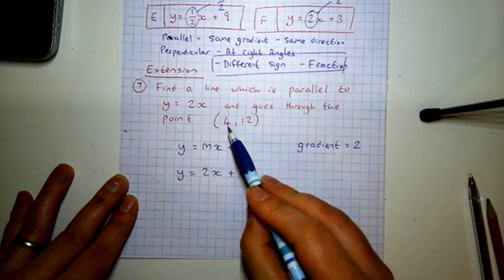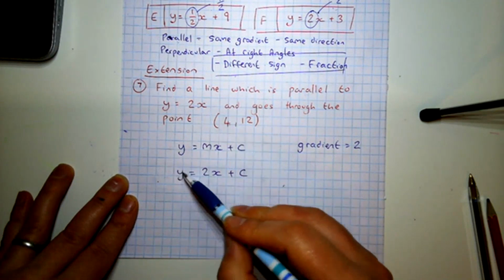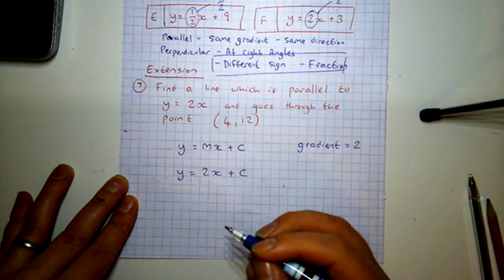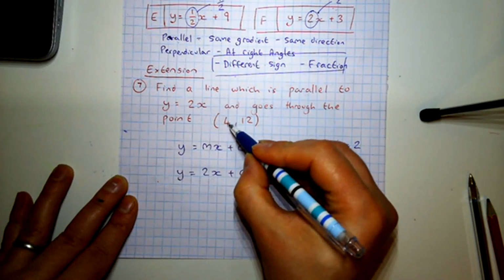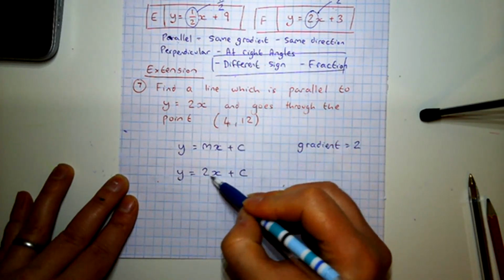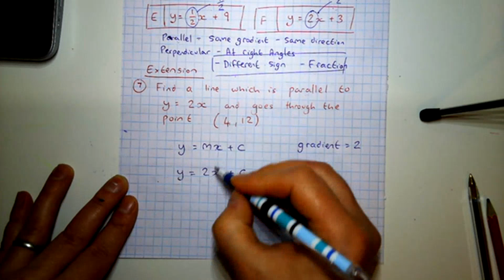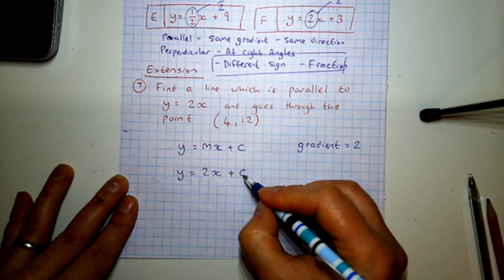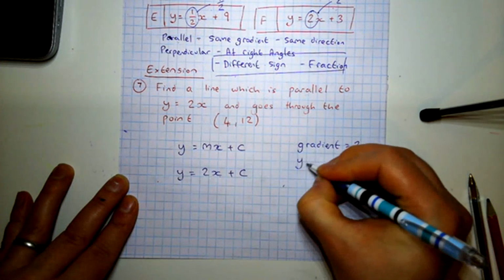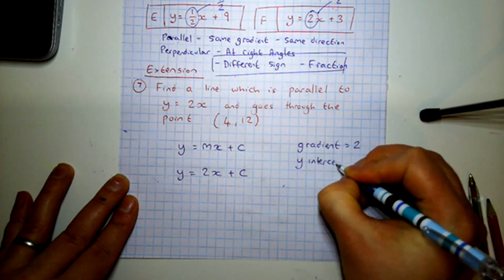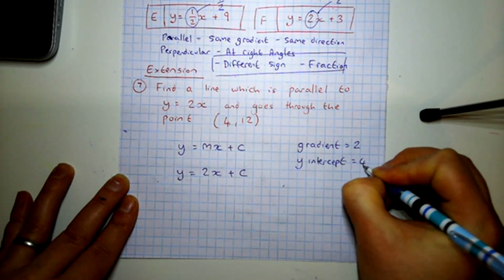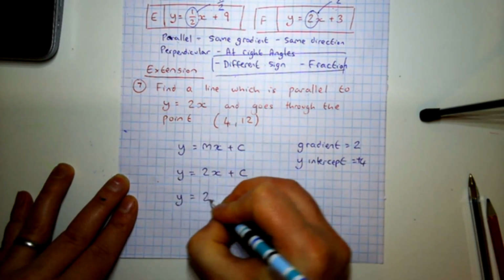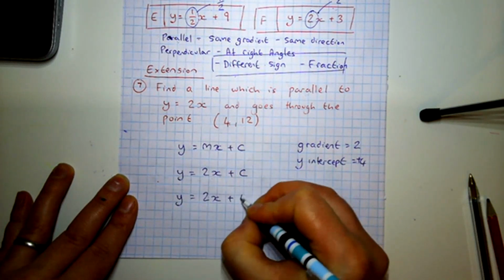And the information I've been given is when we put 4 in for x, the y we get out is 12. So 2 lots of 4 make 8. What would we have to add on to make 12? It would be another 4. Plus 4. So the equation of my line is going to be y equals 2x plus 4.